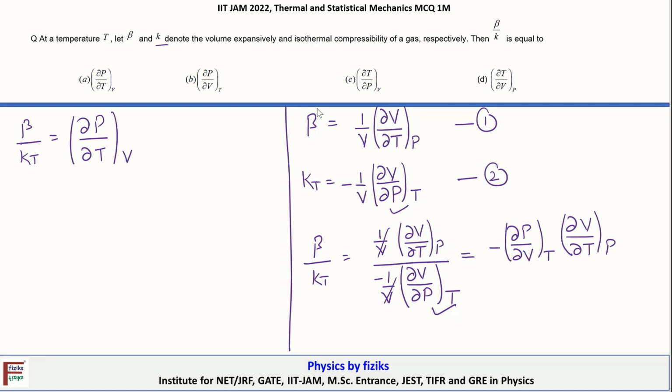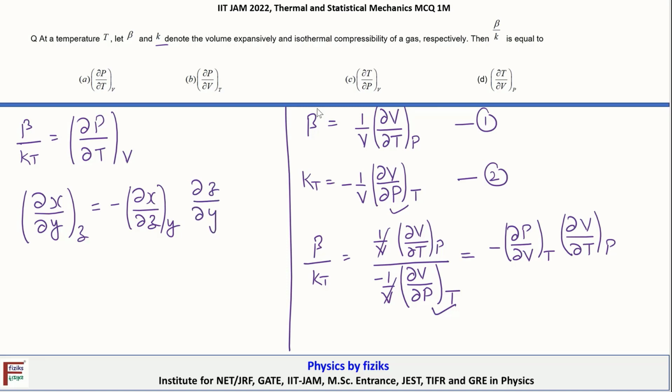So here I have made use of the result which I am calling the reciprocity theorem, which says that if we are having three variables, for instance dx by dy keeping the third parameter constant, this can be written with a negative sign as dx by dz keeping y constant, and then dz by dy keeping x constant.